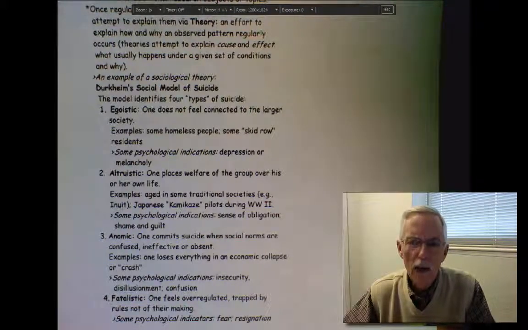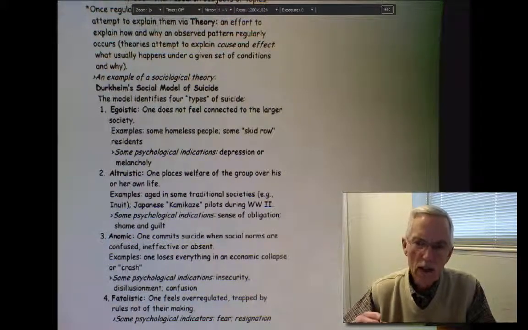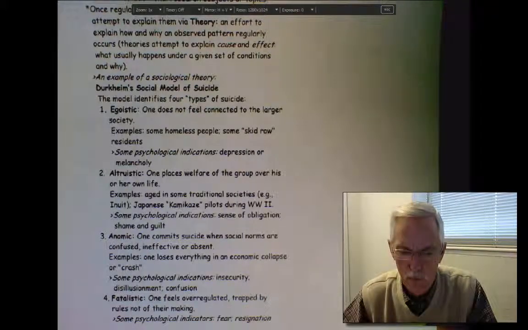There's that famous line he utters in the play, "To be or not to be, that is the question." Again, possible example of egoistic-based suicide. The second type he noted is altruistic, which is the flip side of egoistic. It's 180 degrees different, so to speak.